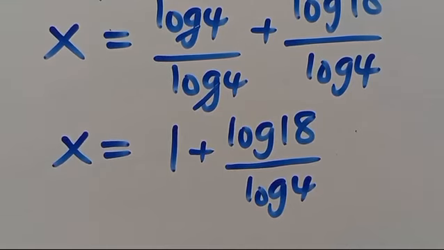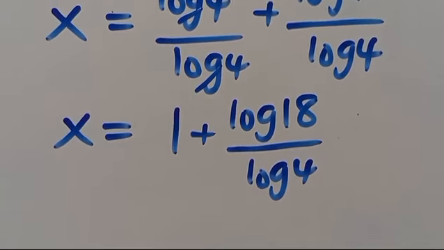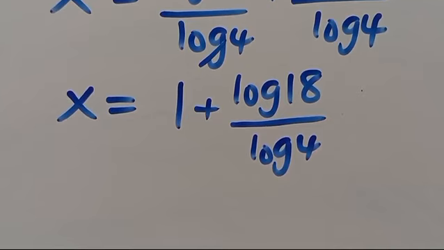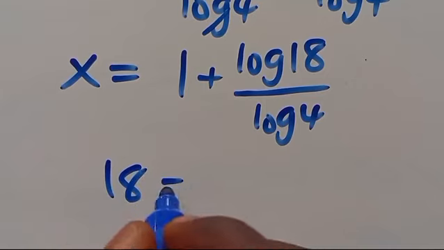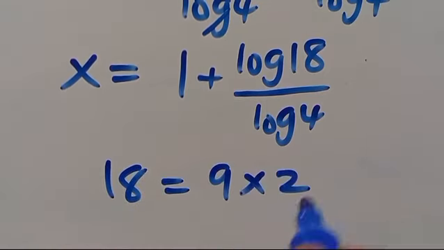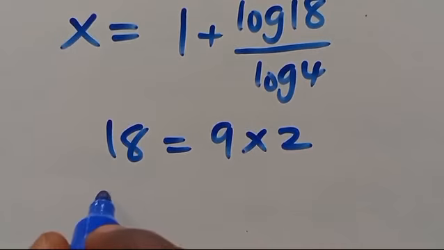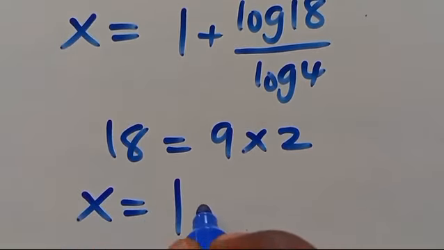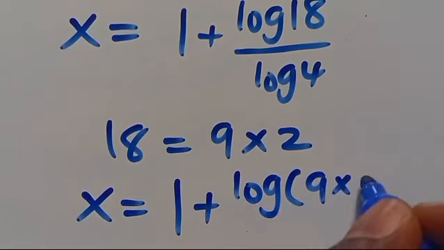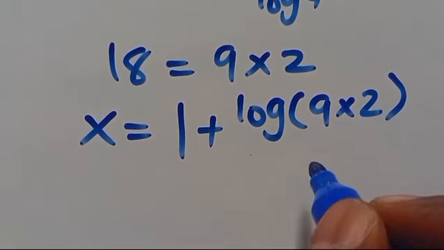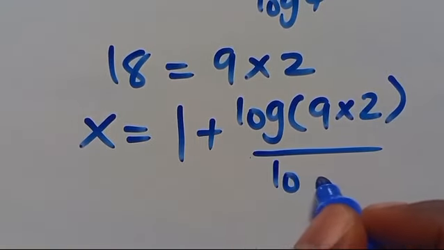Then we have to recall once again that we can have 18 as the product of 9 times 2. So we have x equals 1 plus log of 9 times 2 over log 4.